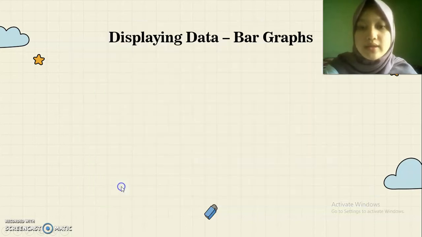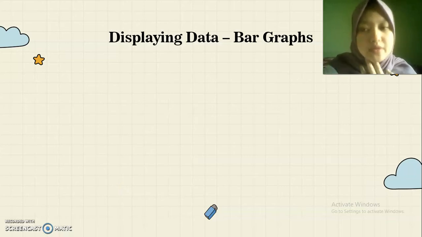Okay, let's move to the second technique. It is graphs. Graphs have bar and also line. I will discuss bar first, and later I will discuss the line graphs.